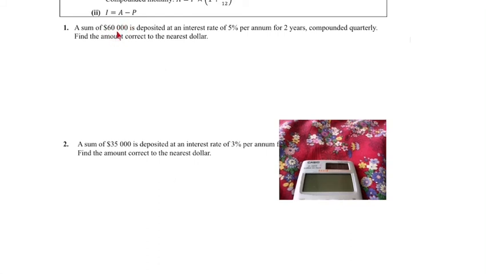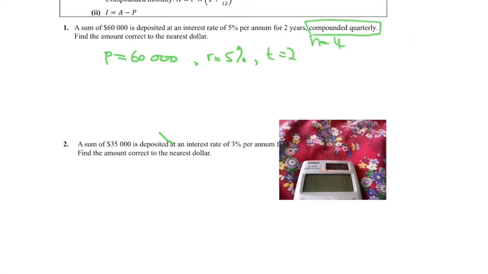So that is our P. P is 60,000. And then R is 5%. Years are 2. And then we have to use compounded quarterly, so n is 4. And we have to find the total amount. In that case, let's write the whole formula first.